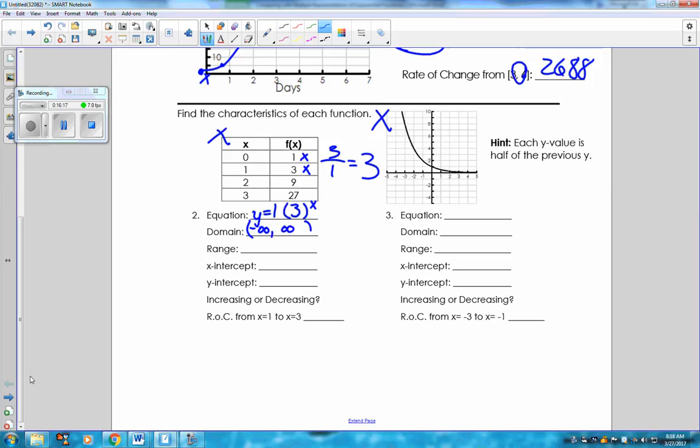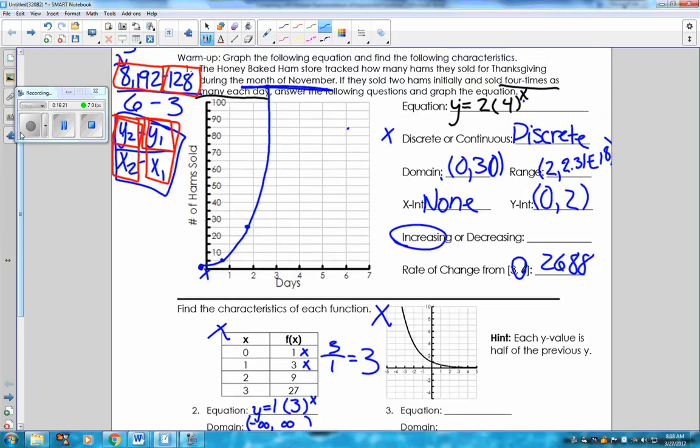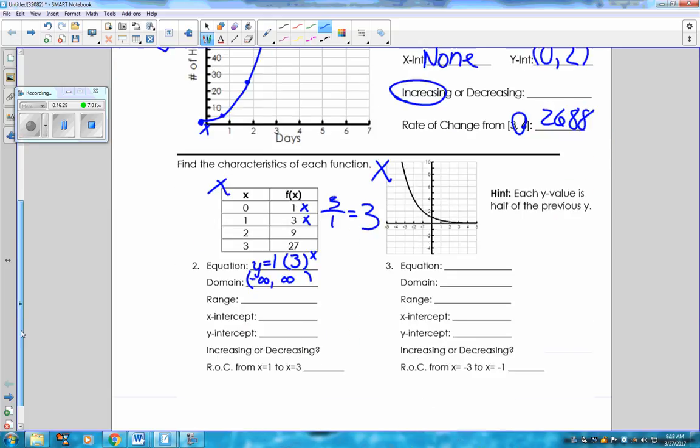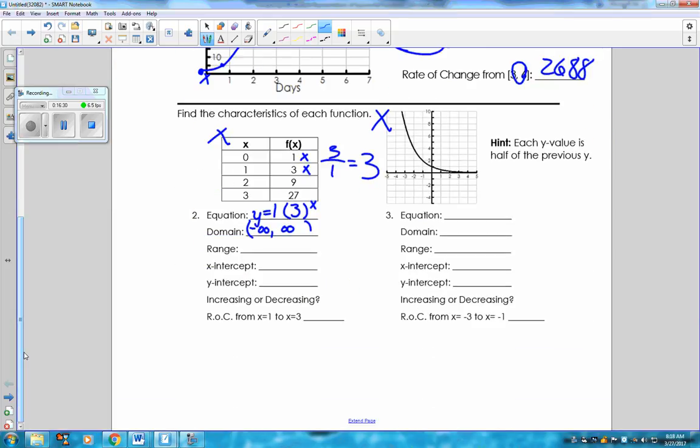The last problem was different because it was given context. They gave us boundaries, because it says we're only looking during the month of November. This one, we're not given any context, we're just given a table.